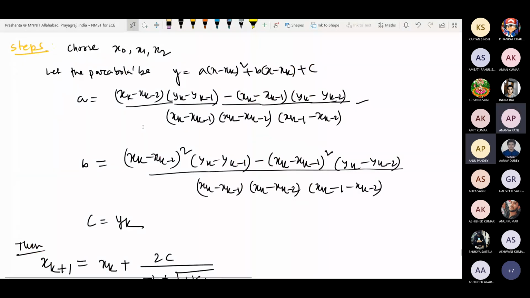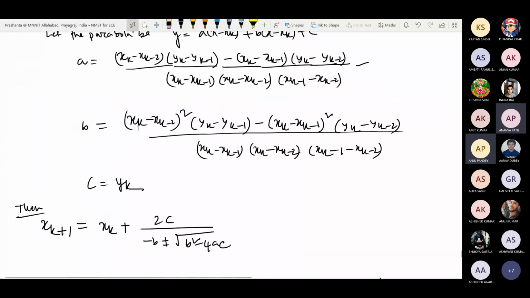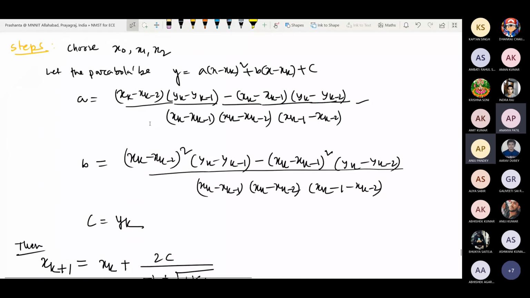So a will be x2 minus x0 into y2 minus y1. Put k equals to 2 in the first iteration, because you have 3 points, x0, x1, x2. Those 3 points will be used.